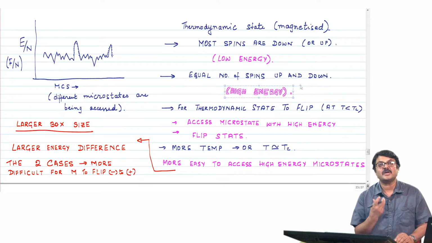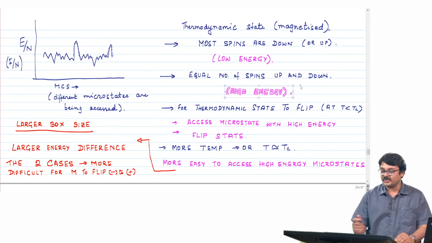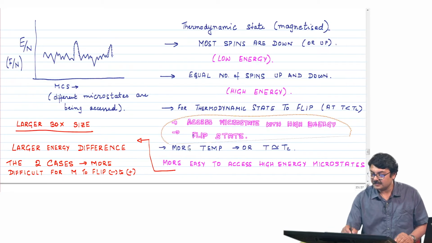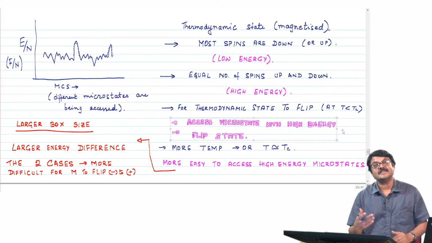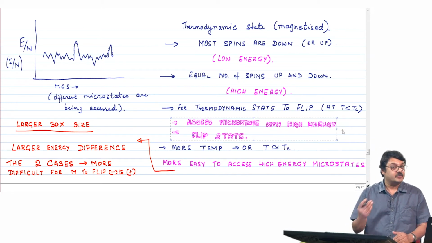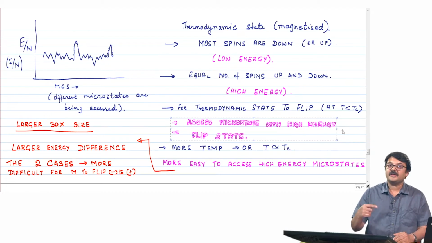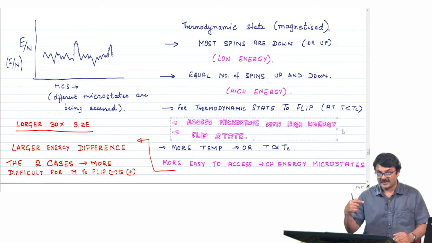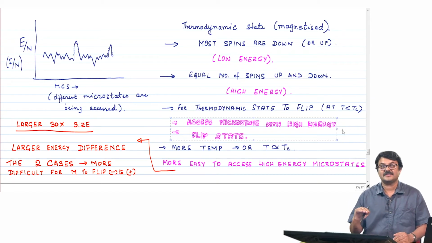in intermediate steps, it has to access this high energy microstate. As you increase the temperature, the probability of accessing these high energy microstates becomes higher. If you notice carefully, as I took the temperature close to 2.1, 2.15, the flips of the magnetic state of the system became more frequent, from plus to minus, minus to plus, and so on.